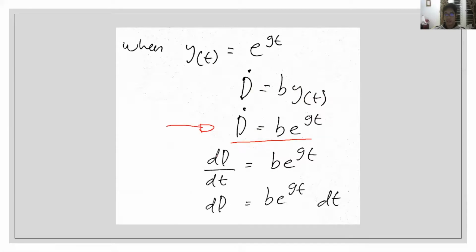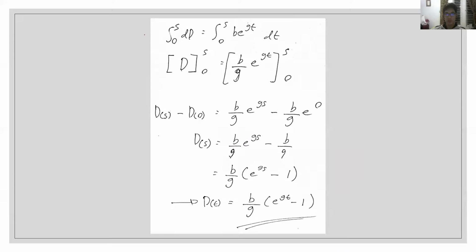Since this equation does not have a D value in it, we will have to manually integrate it using dD over dt equals b e^(gt), move over the dt, and then from here, once we have it in this form, we can straight away integrate it.